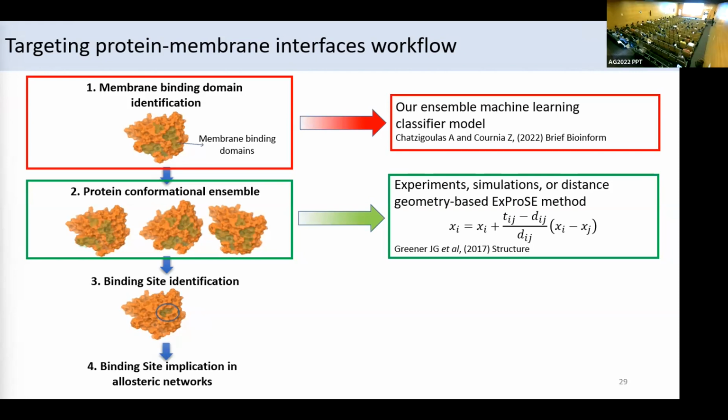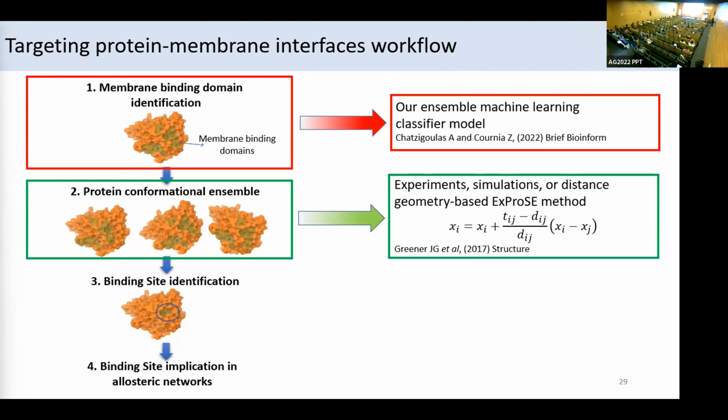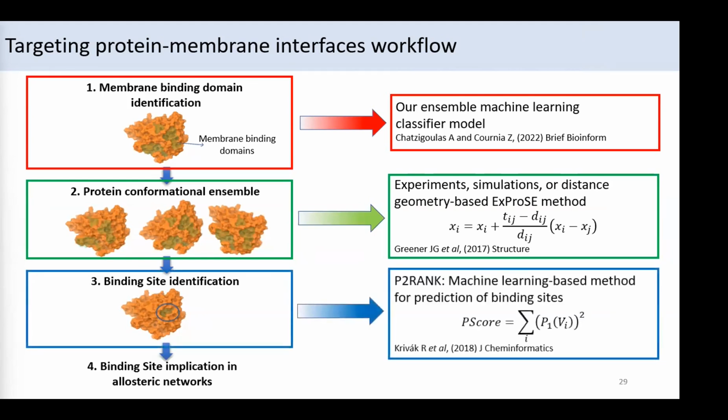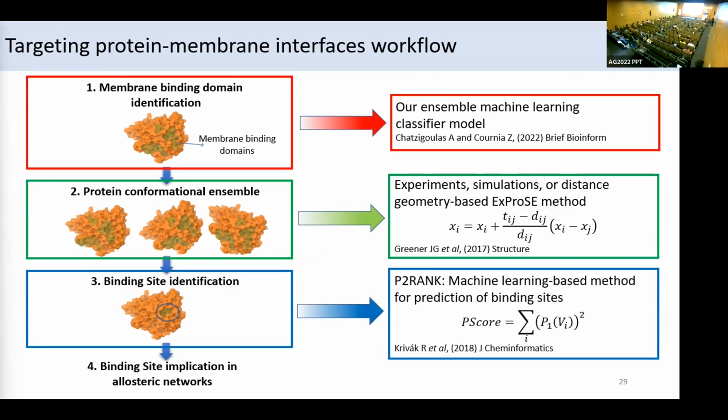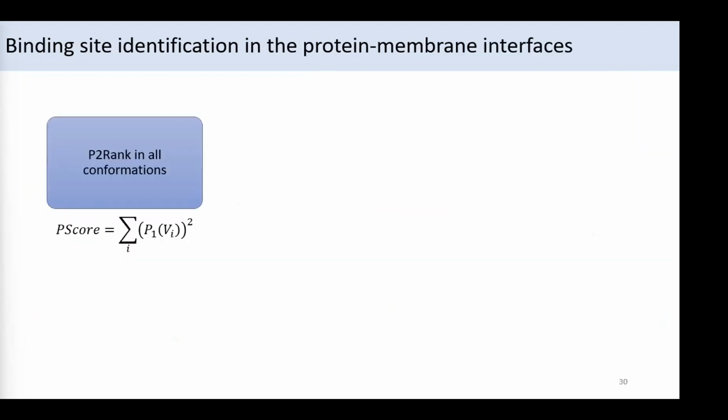But we also incorporated Exprose, which is a geometric tool created by Greener that creates a conformational ensemble using geometric constraints. And for searching binding sites in this conformational ensemble, we use P2Rank, which is a machine learning-driven method for the prediction of binding sites.